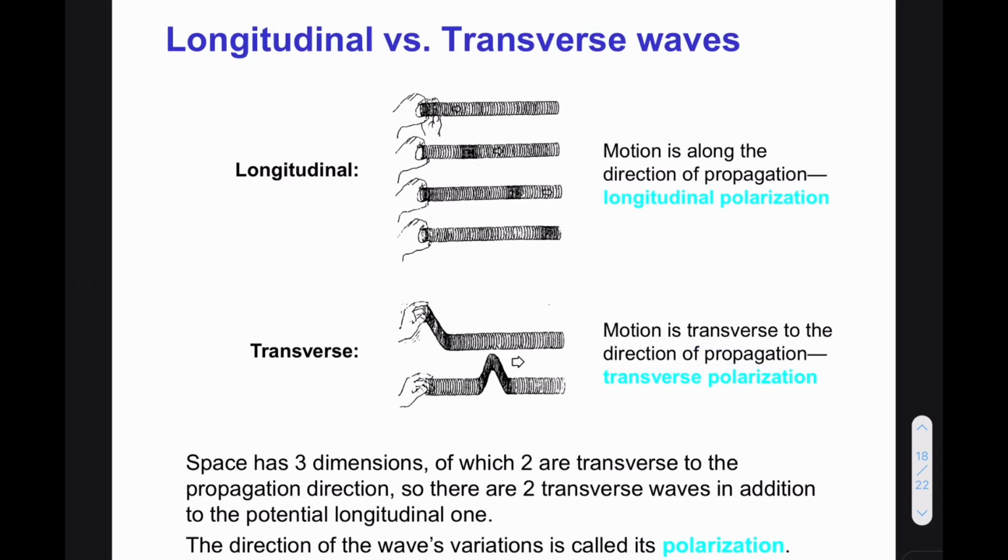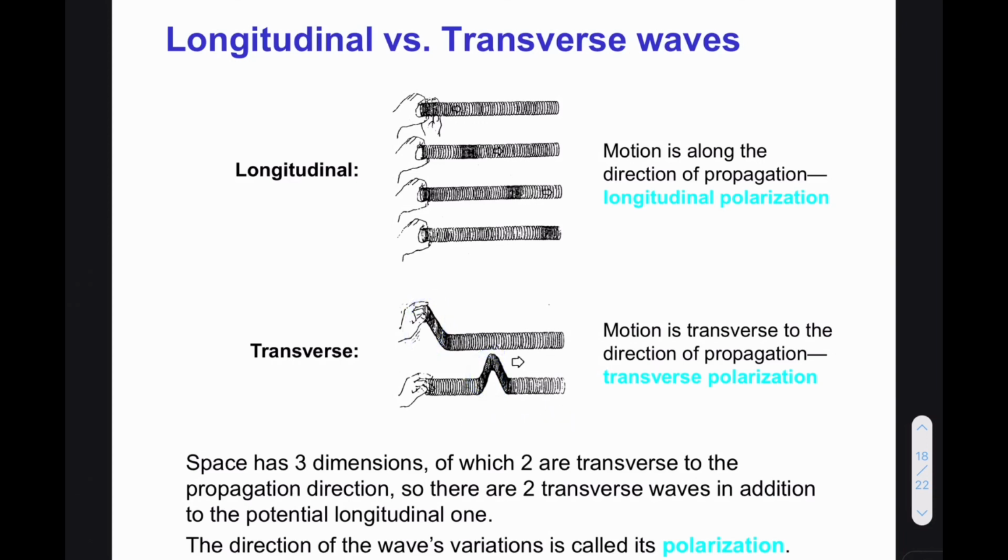For both these examples, the wave is propagating in this direction. But for the first example, the disturbance is parallel to this direction, and for the second example, the disturbance is perpendicular to this direction.